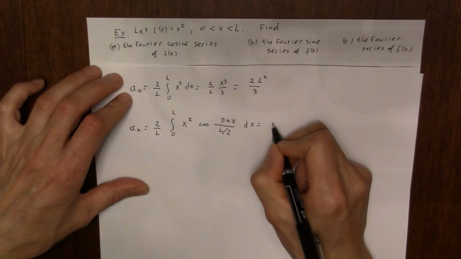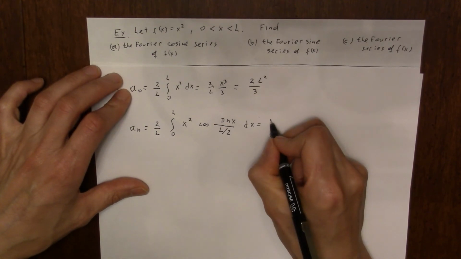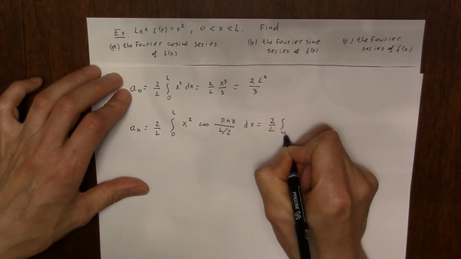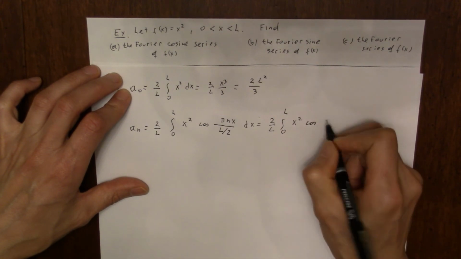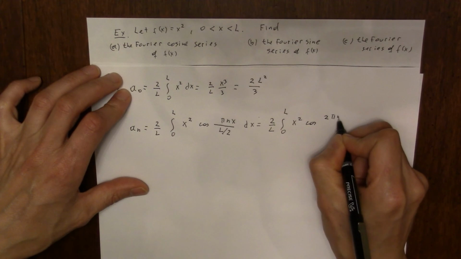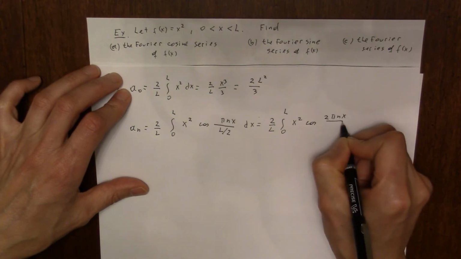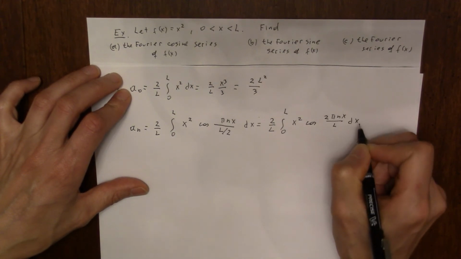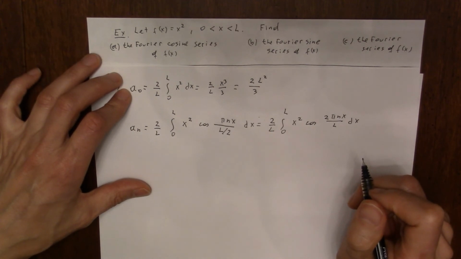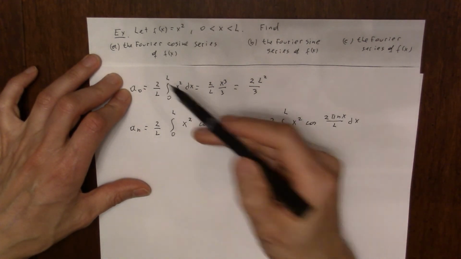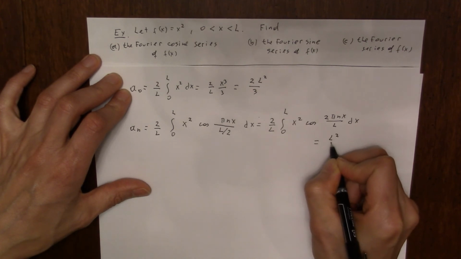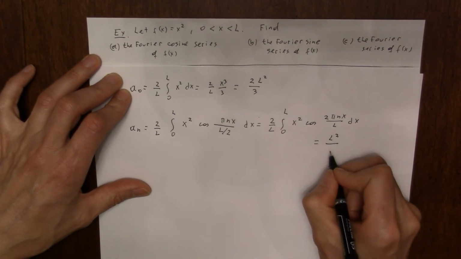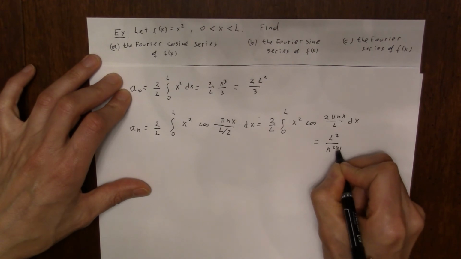So we're going to get 2 over L integral 0 to L x squared cosine of 2 pi n x over L dx. And calculations will be similar to what we already did in part A. So that is going to be equal to L squared over n squared times pi squared.